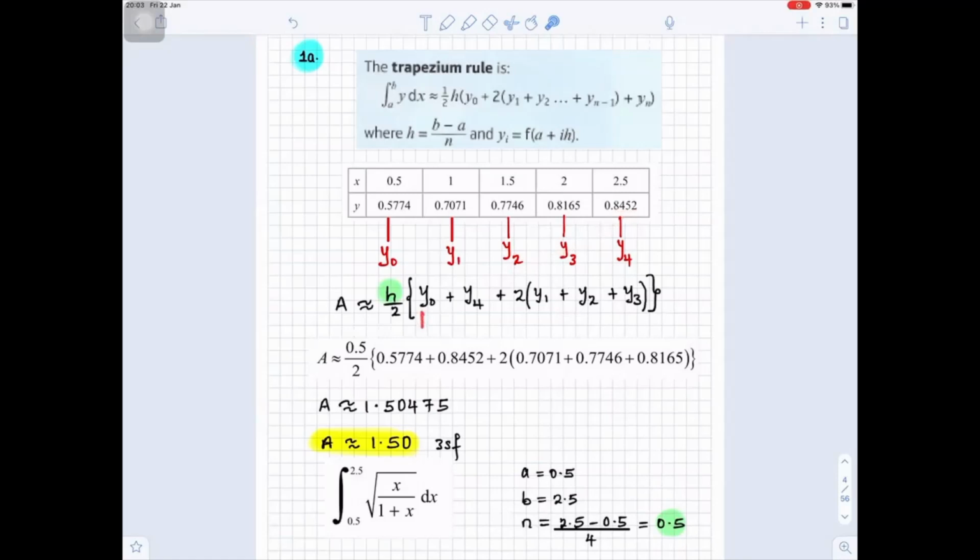So it's the first plus the last plus 2 times the rest: 2 times y1, 2 times y2, 2 times y3.